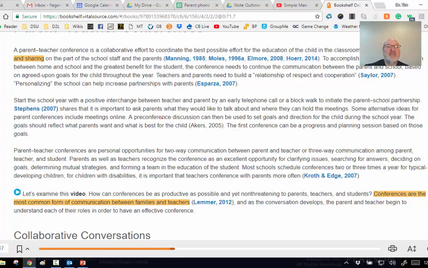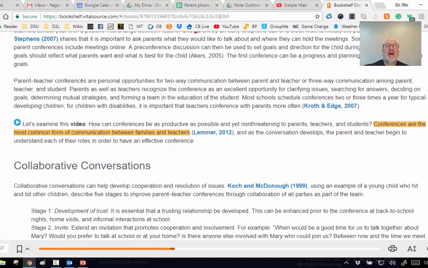For the most part, you get these kids for 1 year. So to make this effective, you've got to create relationships to do that. With a positive interchange between the teacher and the early telephone call or block walk, and that's what they're suggesting here, are personal opportunities for two-way communication between parent and teacher, or three-way if you've got students involved.